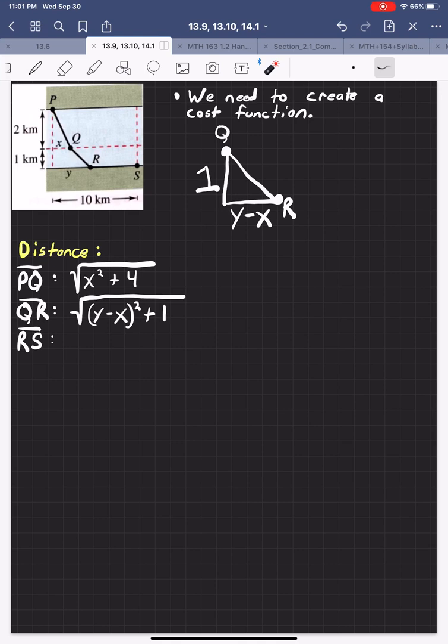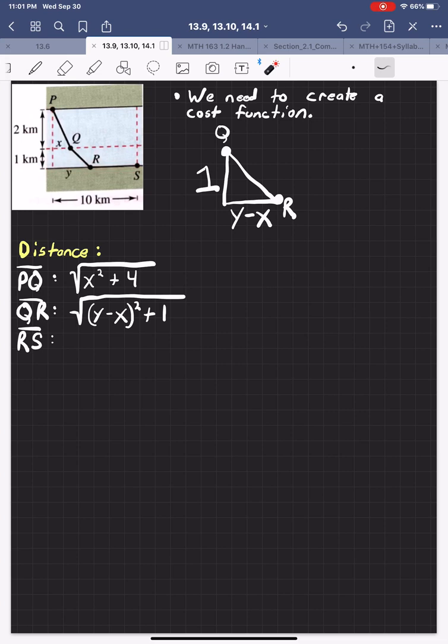Now, once you're here on land, this is quite simple. You just need to know how much farther you need to go to get to point S. It's possible that you just went straight south and landed here. In that case, it would be 10 kilometers.